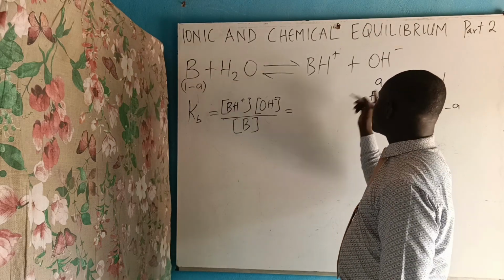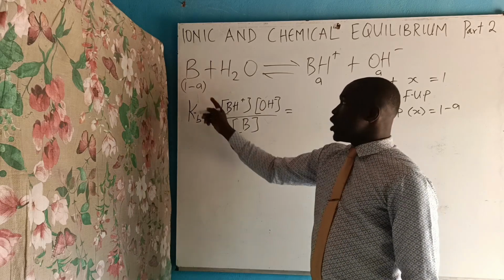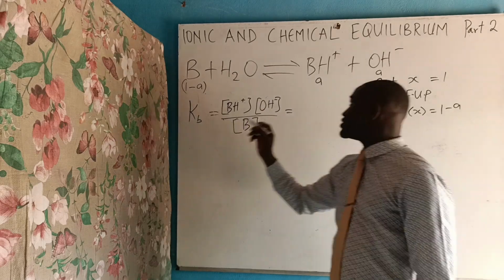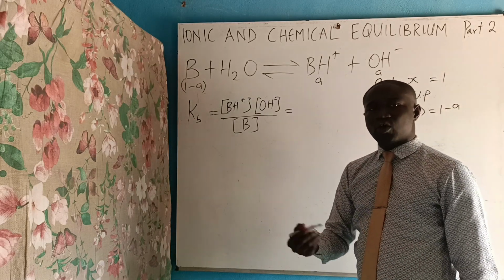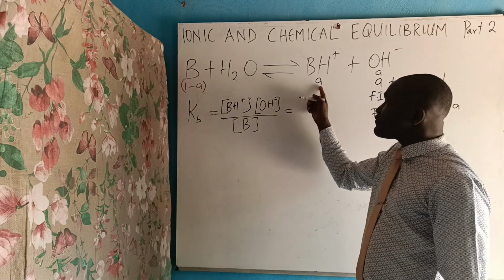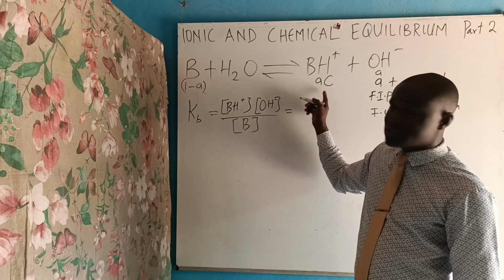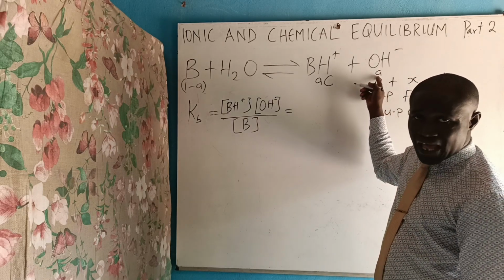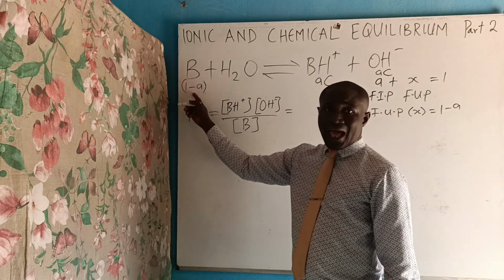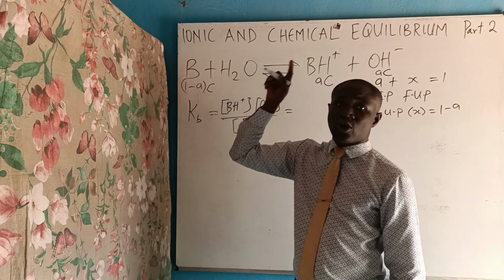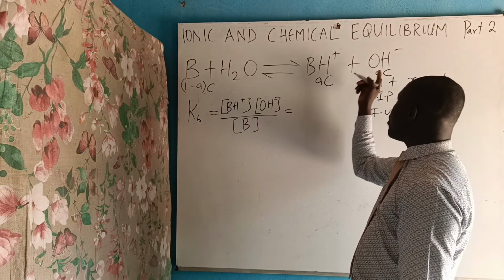So we call these A and A, and this is 1 minus A. What we have so far are fractions. But the question is, what will be the concentrations? The fraction of the ionized times the total concentration C gives the concentration of the ionized. The fraction of the unionized times the total concentration gives the concentration of the unionized, because what we are using here is concentration.